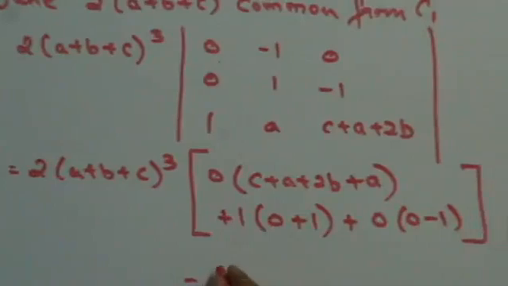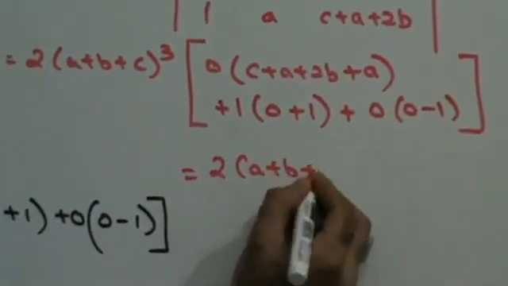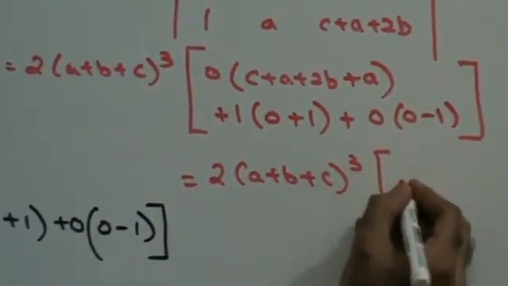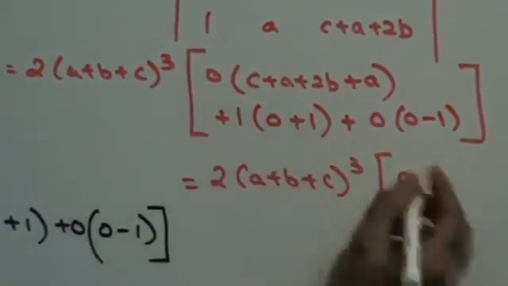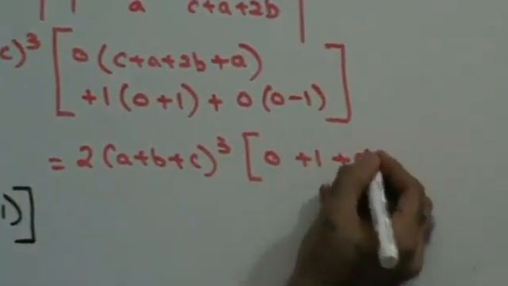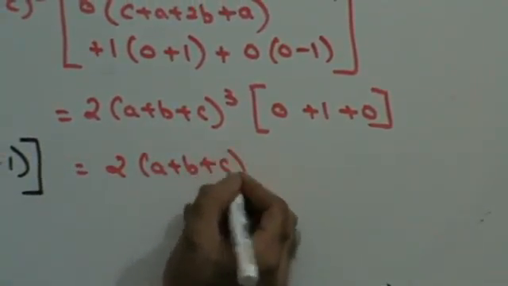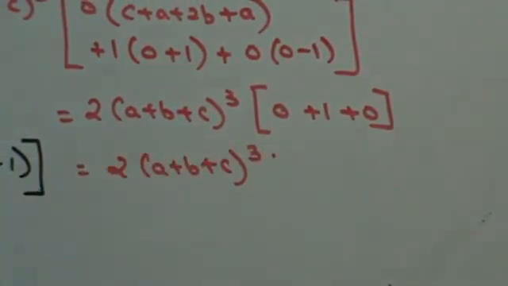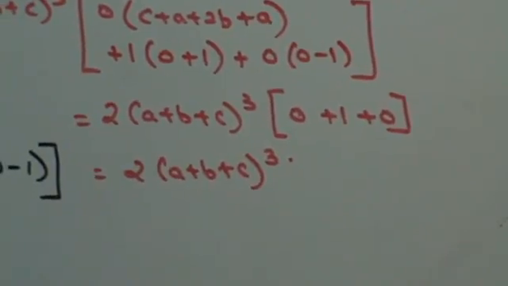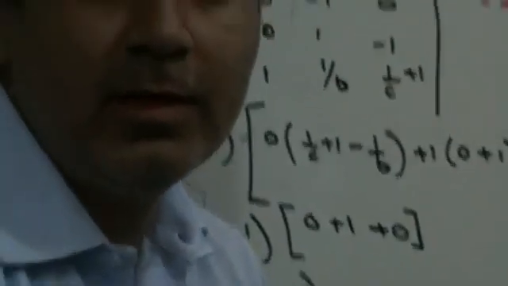So in that case this will be twice a plus b plus c the whole cube, anything multiplied by 0 is 0, plus 1 plus 0, that will give you twice a plus b plus c the whole cube. And that's what you have to prove. Right? Okay, we'll stop this here for the day. Thank you very much.